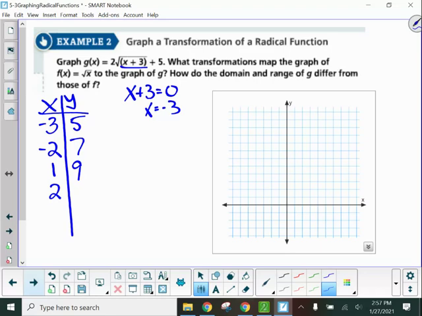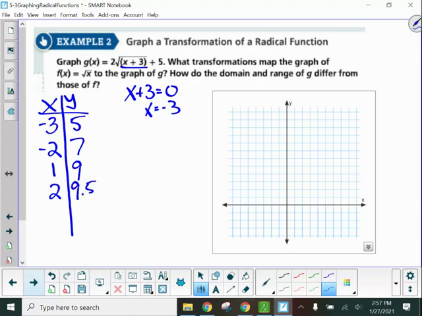The square root of 5 is about 2.2. And then times 2 would give me about 4.4. And then plus 5. So I'm looking at about 9.4 or 9.5, depending on how many decimals you carry through there.